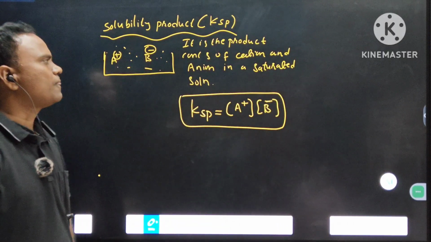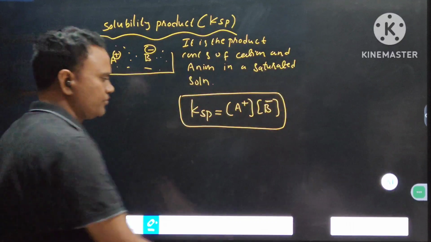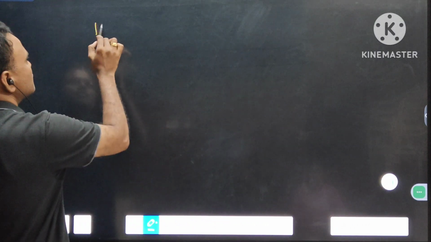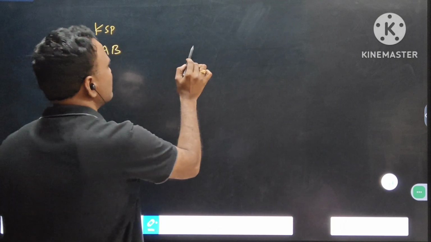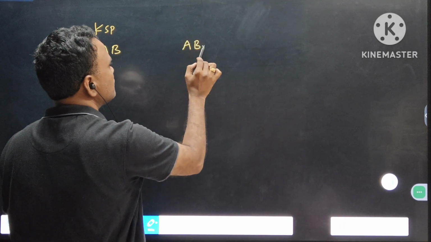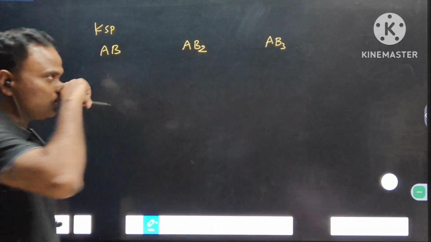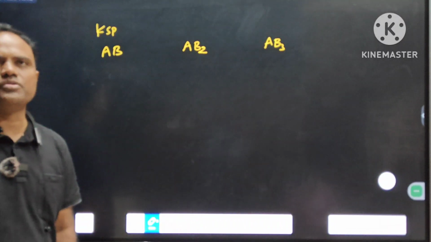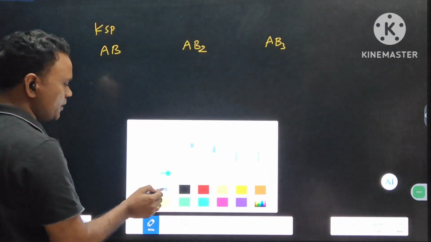Now let us see solubility product for different types of salts: Ksp for AB type salt, AB2 type salt, AB3 type salt, and so on, AxBy type salt. First, solubility product for AB type salt.